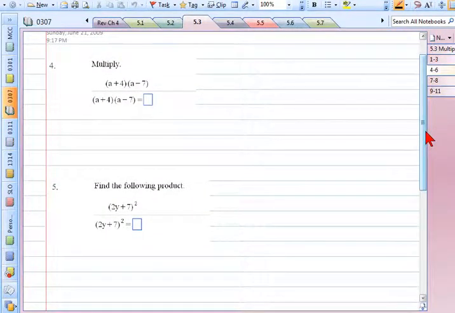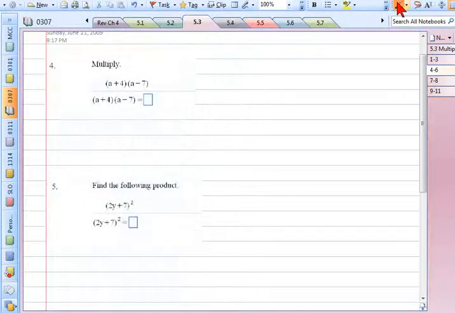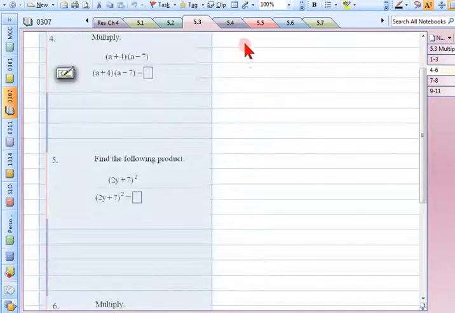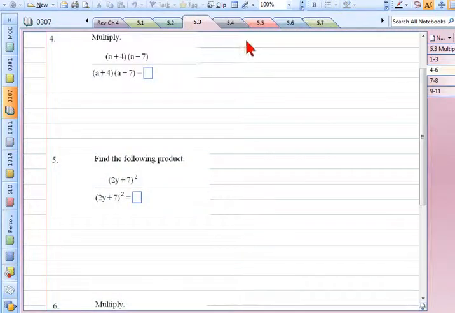Now, on problem number 4, and I'm going to write it right over here to the side, I have a binomial, a plus 4 times a binomial a minus 7.